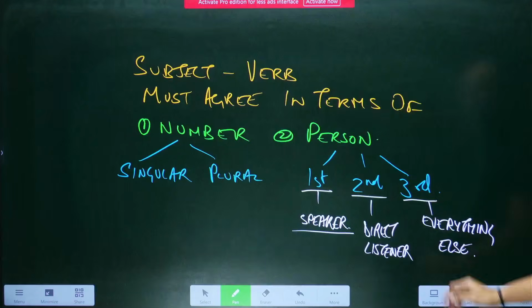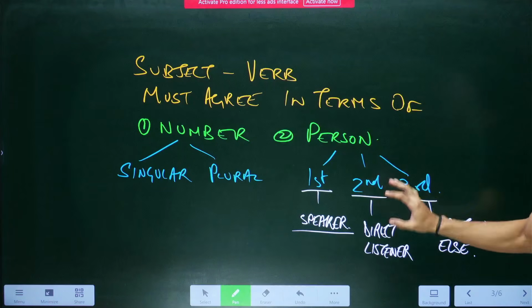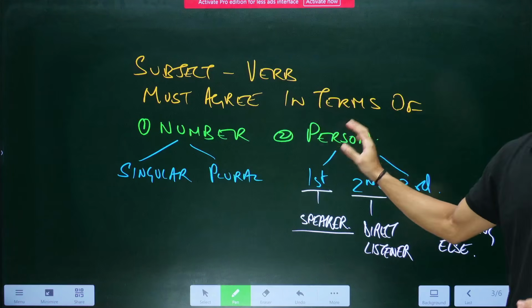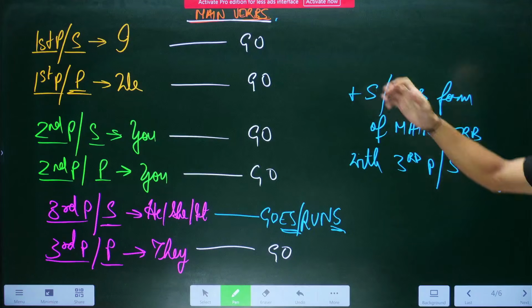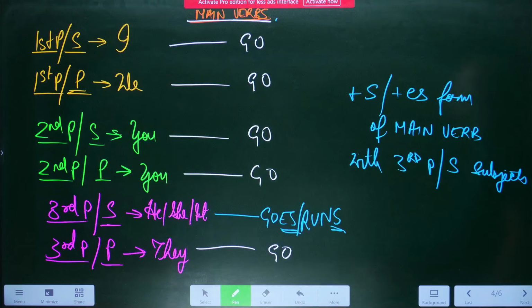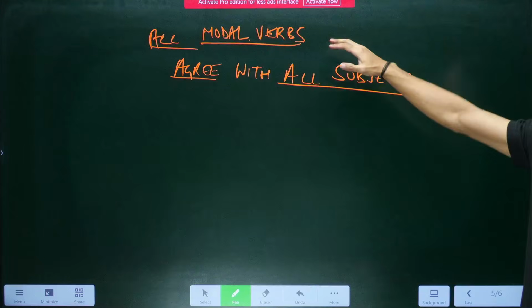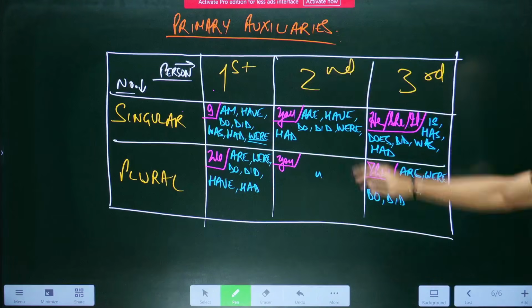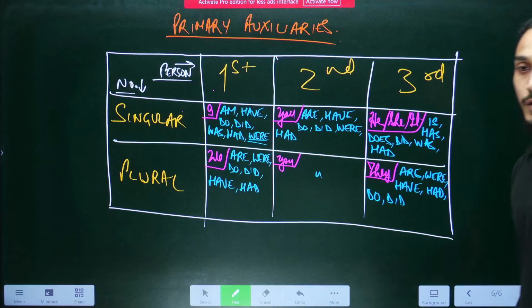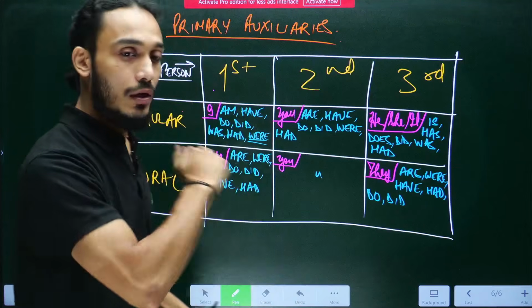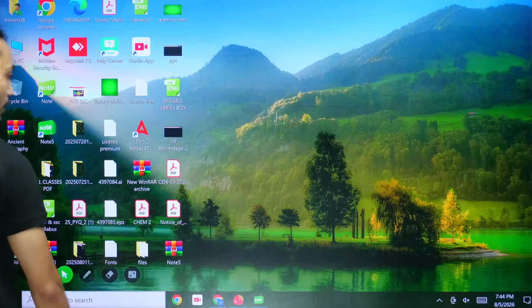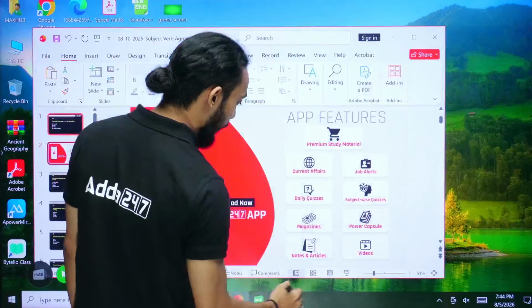We understand what the subject argument rule is in English, what number and person is. We understand how main verbs align with the subject argument rule, how modal verbs align with it, and how primary auxiliary verbs align with it. Covered, done. Now let's take a look at a few questions and you can thank me later.